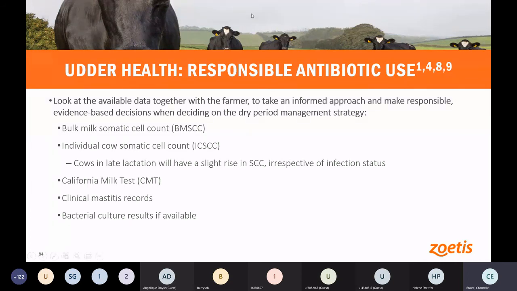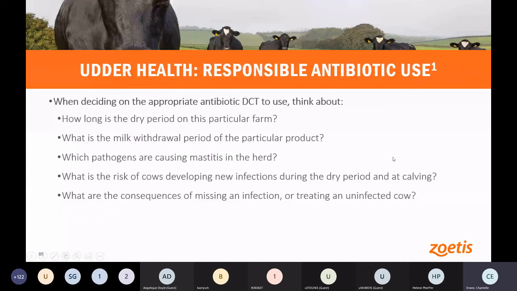Also think about how long the dry period on that farm is and how that relates to the milk withdrawal period of the product that I want to advise. Do I have an idea of what the main pathogens are that cause mastitis in this herd?